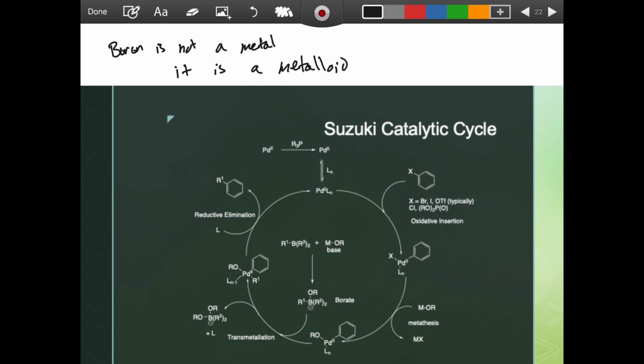If you look on the periodic table, there's where boron is, there's a line down the periodic table, like aluminum's under it, where elements that touch that line have both metal and non-metal properties, so they're called metalloids. Boron kind of falls in that, so it's the only example here that's not truly a metal.